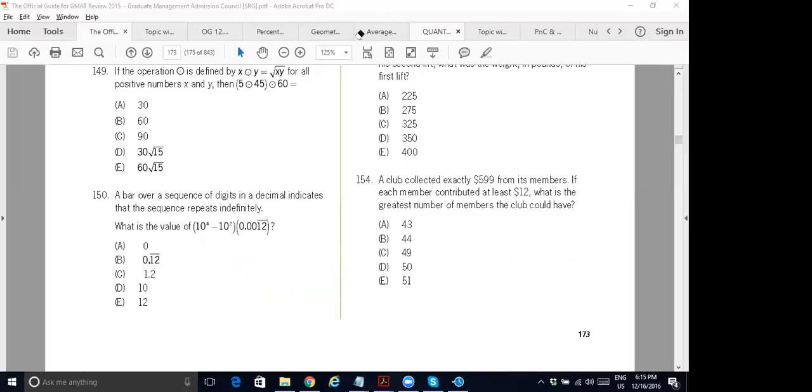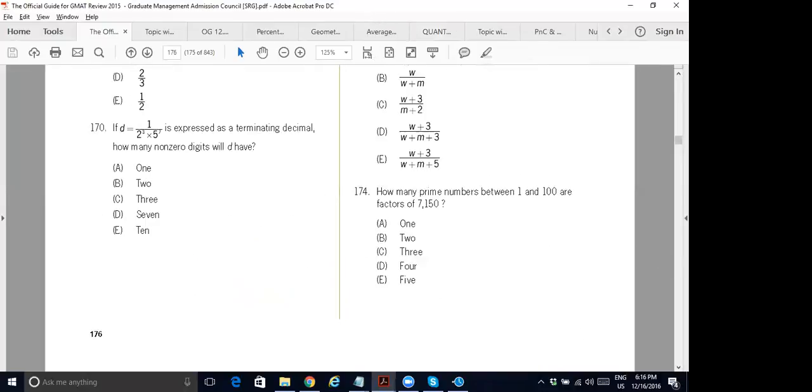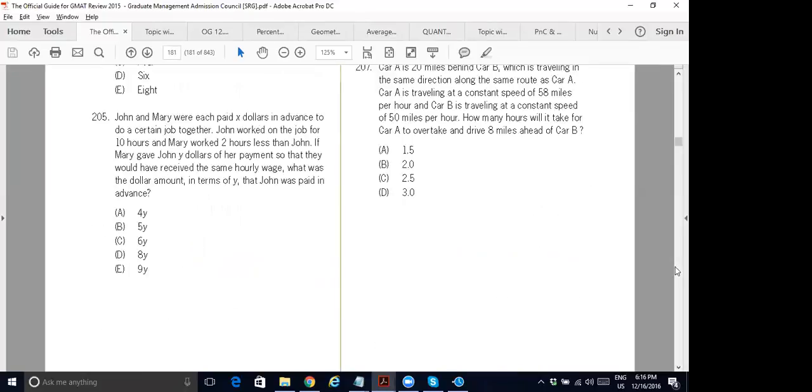On the GMAT, the most difficult topic is inequalities. And when GMAT really wants to test you, the next most difficult topics they consider are coordinate geometry and then combinatorics. There is question number 228 on the official guide.